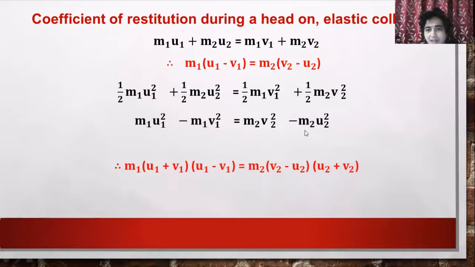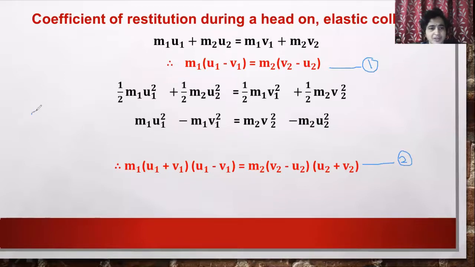Here it will be m2 taken common, v2 square minus u2 square will be v2 minus u2 and v2 plus u2. Now to simplify it more, take this as equation 1. Take this as equation 2.